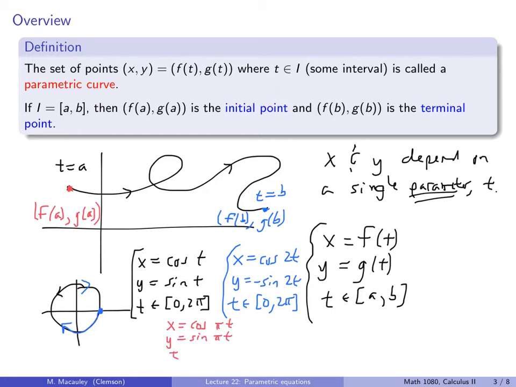And t is in 0, 1. In this example, the ant starts here, goes around counterclockwise, but goes around faster. It only takes the ant 1 unit of time to go around rather than 2 pi. And that's because instead of cosine of t, I have cosine of pi t.